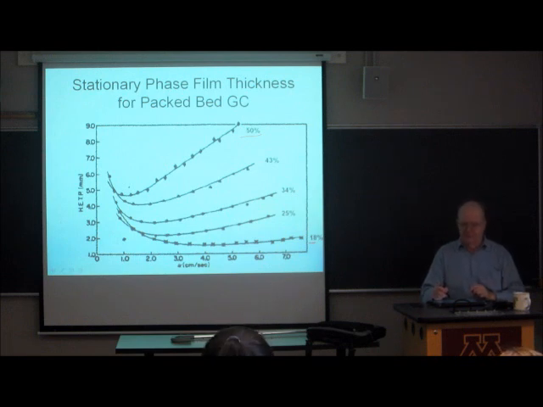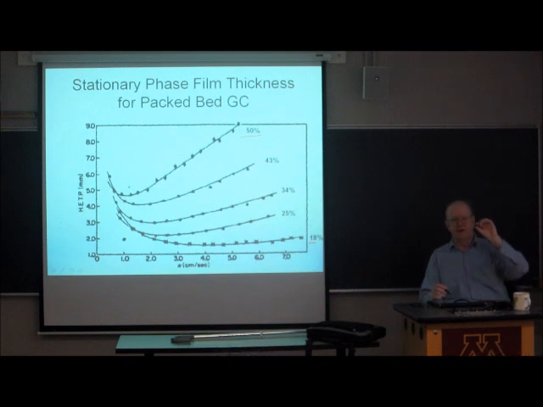Clearly, as we make the stationary phase thinner and thinner, the slope goes down, the minimum HETP improves dramatically, and the optimum velocity moves out to higher values, which is where we want to go. Clearly, the stationary phase loading, the percent by weight of stationary phase, is an important parameter in gas chromatography.